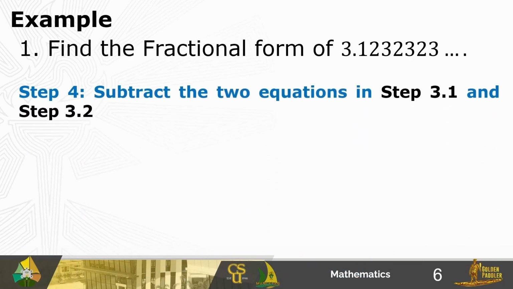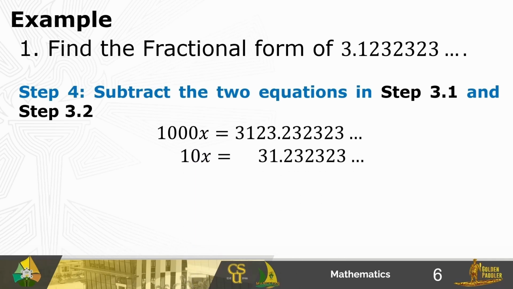In step 4, we subtract the two equations from 3.1 and 3.2. From 3.2, we have 1000x equal to 3123.2323 and so on. From step 3.1, we have 10x equal to 31.2323 and so on.